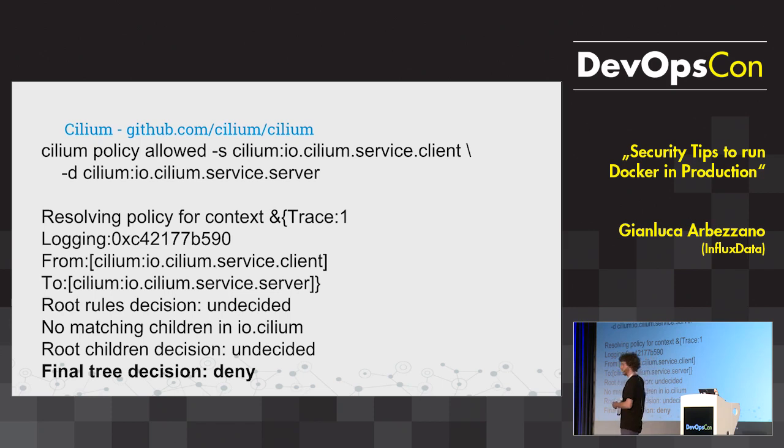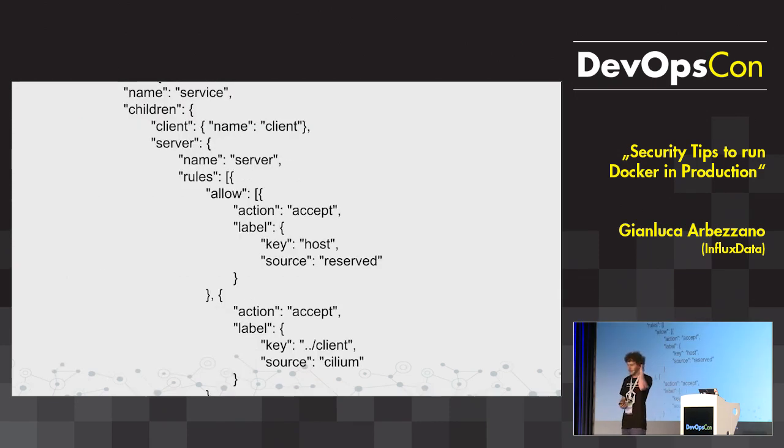And what Cilium says is that the policy is denied. I cannot speak with that label. It means that we already have a strange behavior, because two containers in the same network are not able to speak with each other. What's going on here? That's Cilium telling us you can't, because you didn't specify anything different.